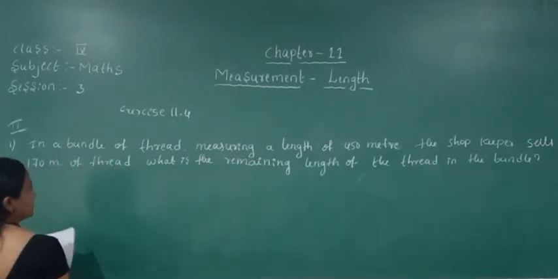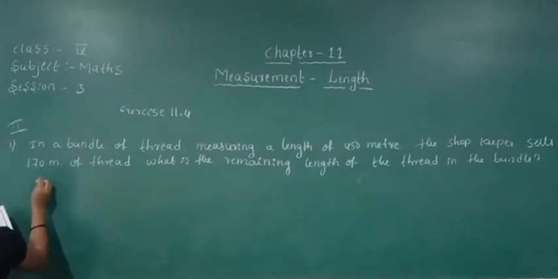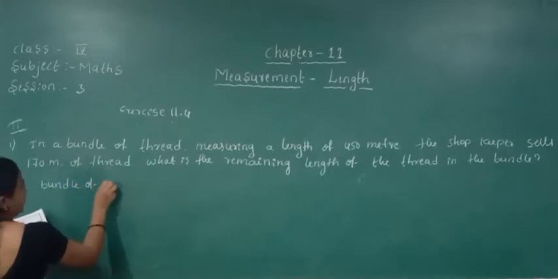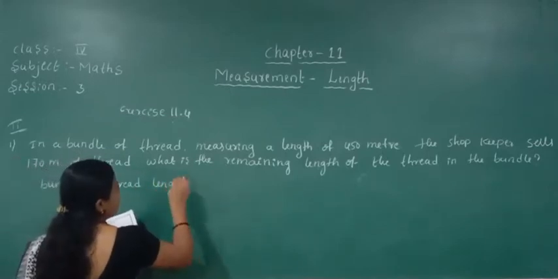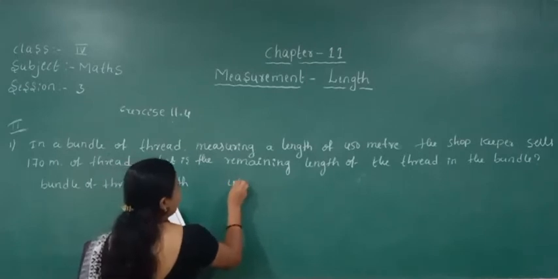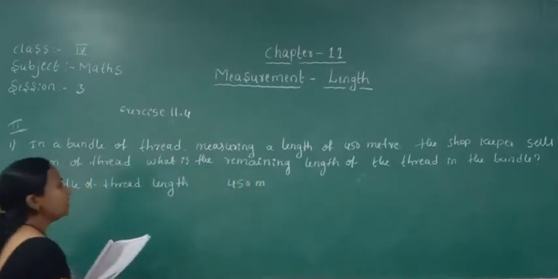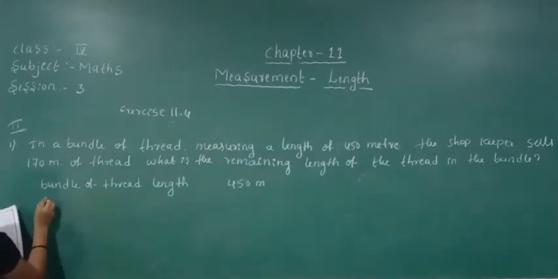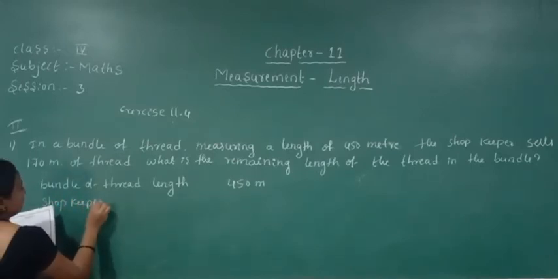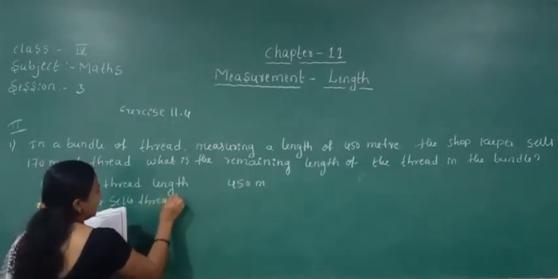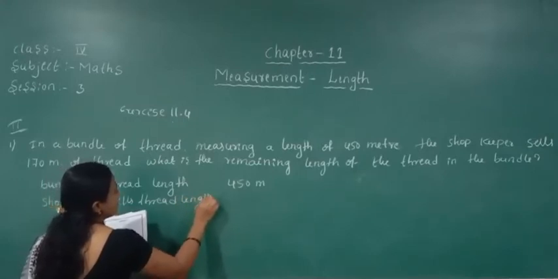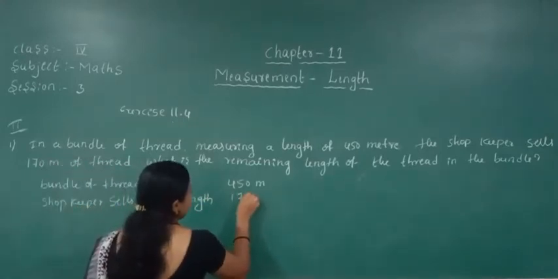The measuring length of the bundle of thread is 450 meter. The shopkeeper sells thread of length 170 meter.